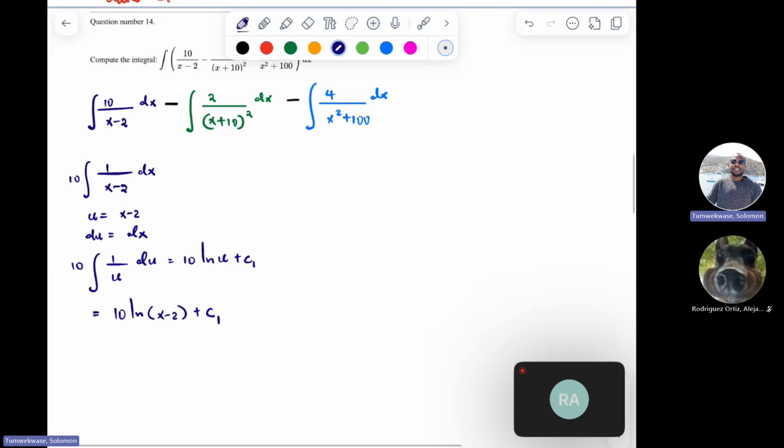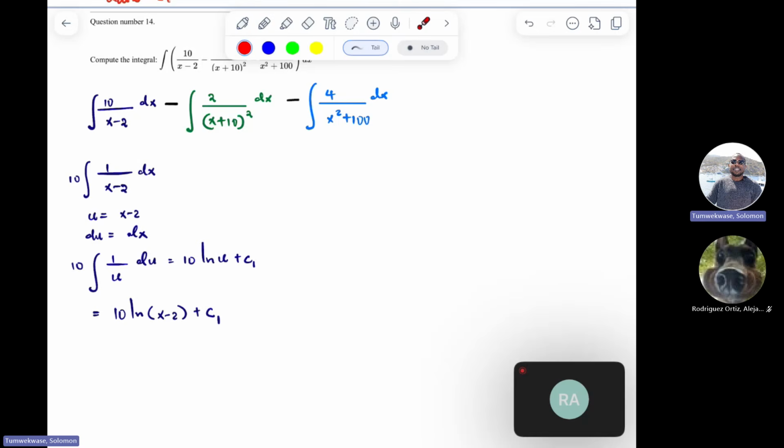Now, before I continue there, this is what I want to say: whenever I have an integral of a certain function, and that function is a quotient, in other words, it's in fraction form, then if I can take the derivative of the denominator and I get what is in the numerator, then the answer for that integral is just natural log of the denominator.